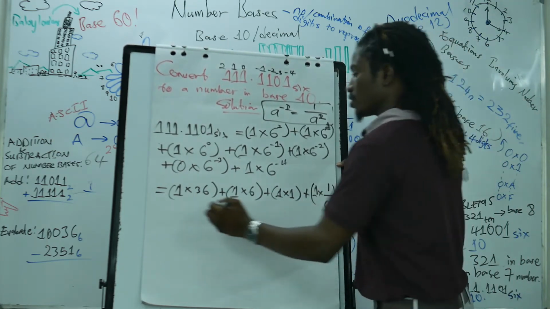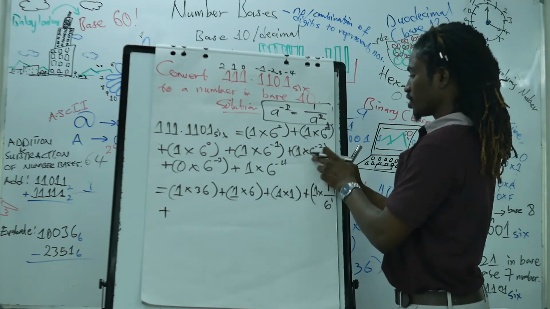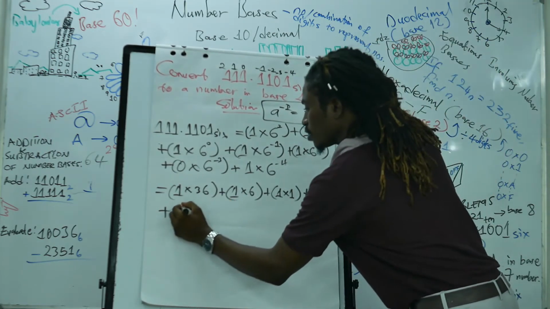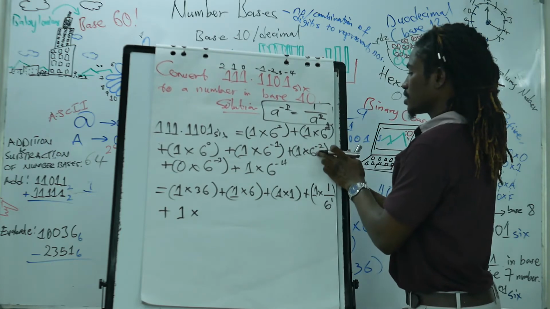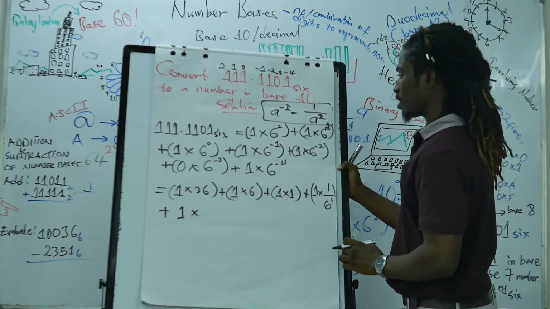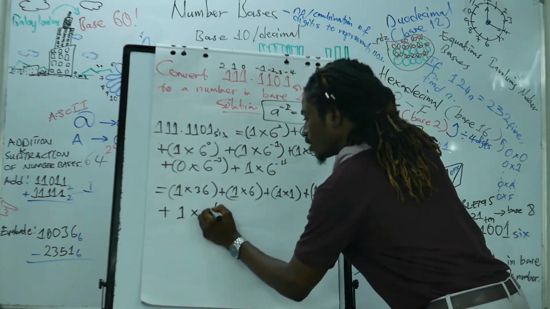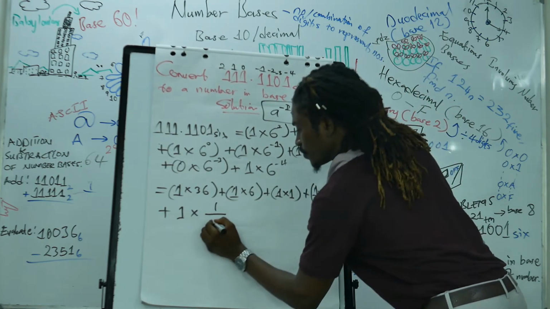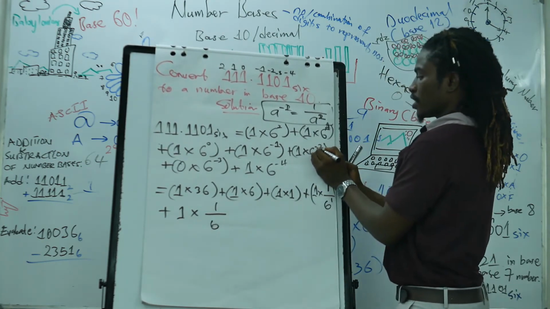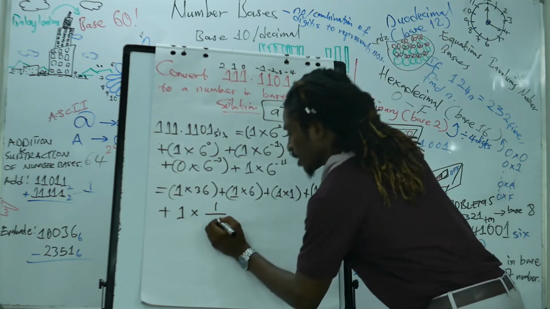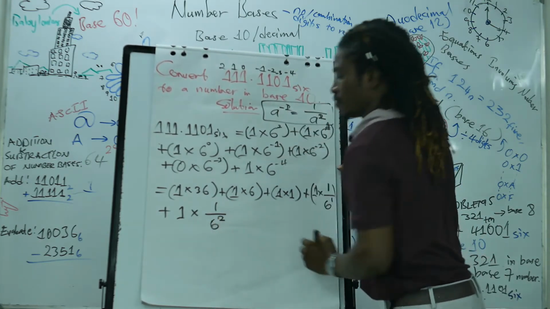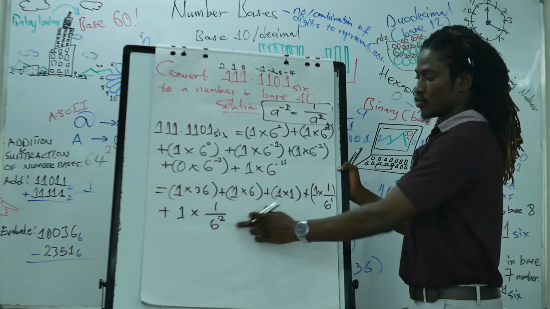Next, plus 1 multiplied by 6 raised to the power minus 2. We do the same thing: 1 over the same value 6, but the negative exponent becomes positive, so 6 raised to the power 2.